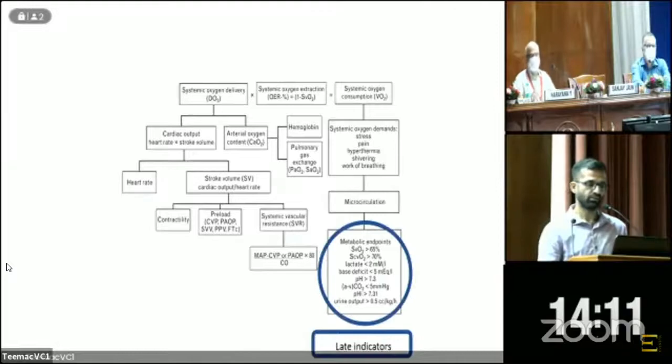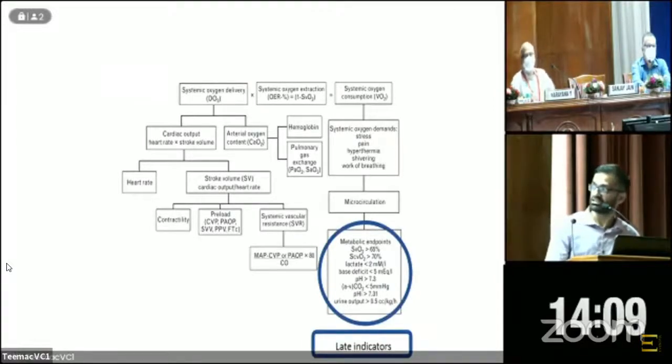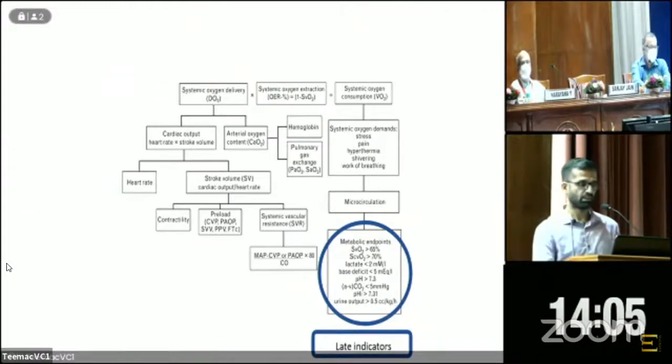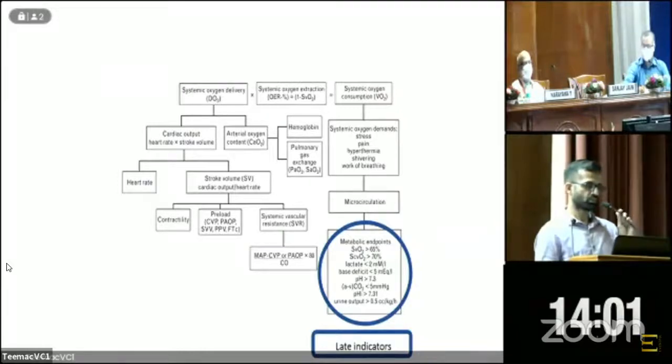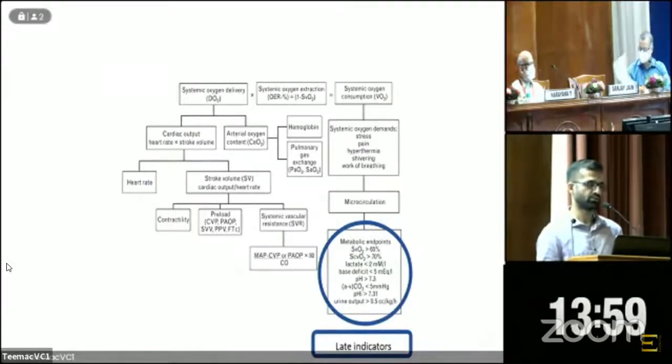We generally get hold of these investigations in the ICU, the lactate level, the pH, and other metabolic endpoints. But by the time we obtain these parameters to be abnormal, the most useful time and the narrow window which we have to save the patient is lost.